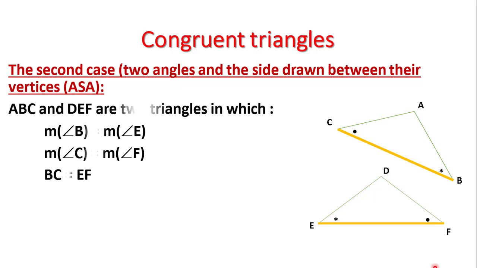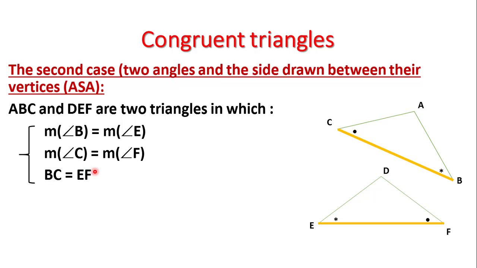Now we have another three conditions, which are two angles and one side, but this side should be between their vertices. So measure of angle B equals measure of angle E, measure of angle C equals measure of angle F, and BC equals EF.